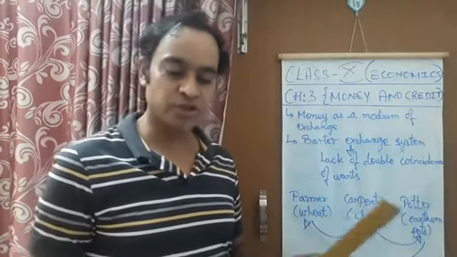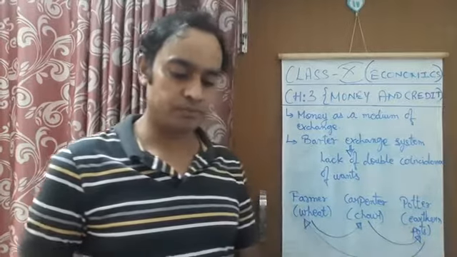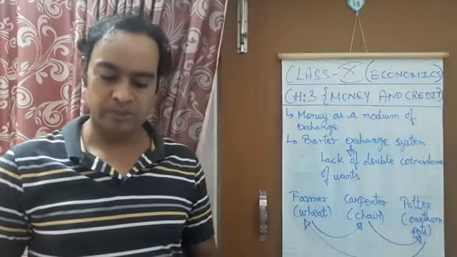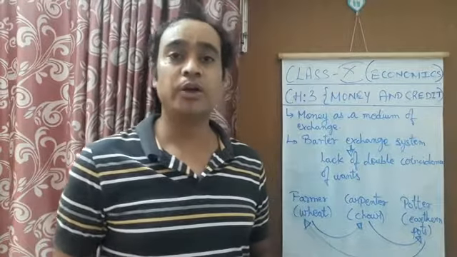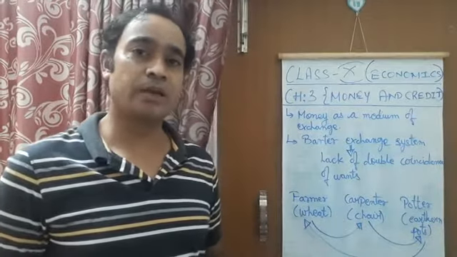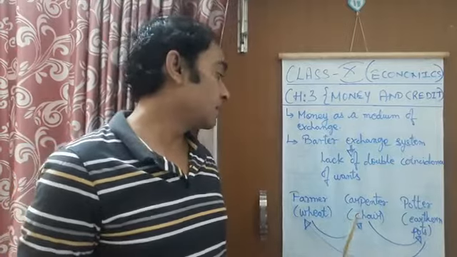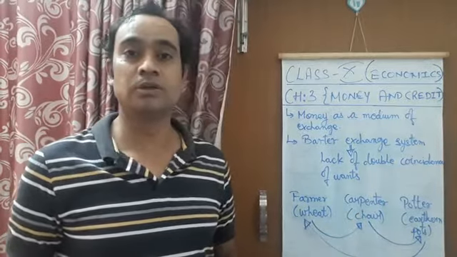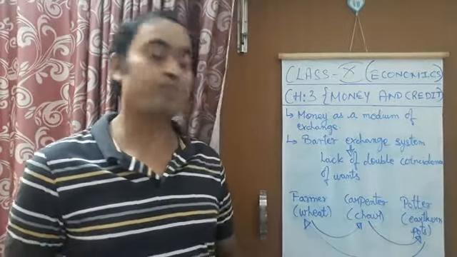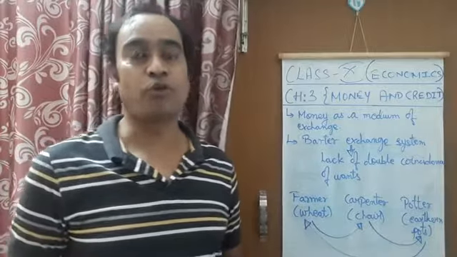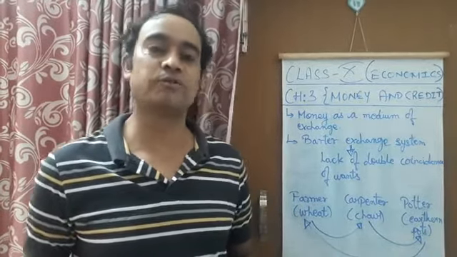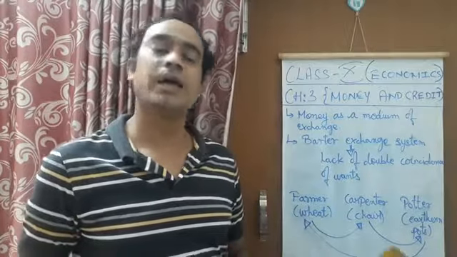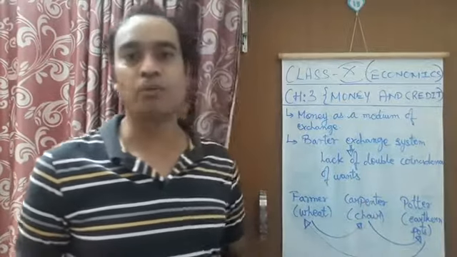But during this time period, there was this lack of double coincidence of wants. People's wants were not matching with each other's wants, and this is why this problem used to exist.